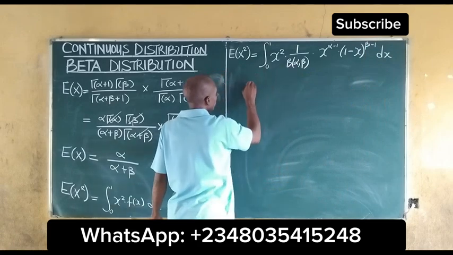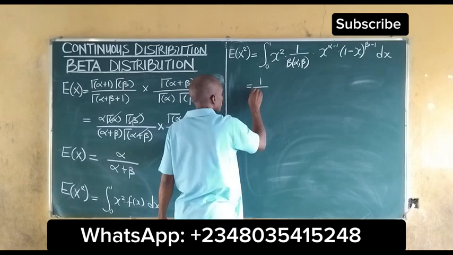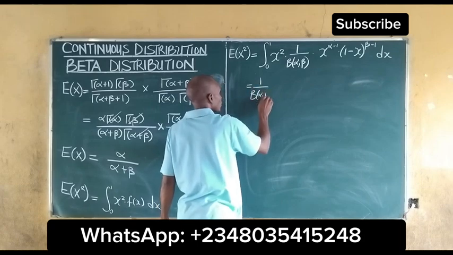So we can bring this out to give us 1 all over the beta function of alpha, beta.